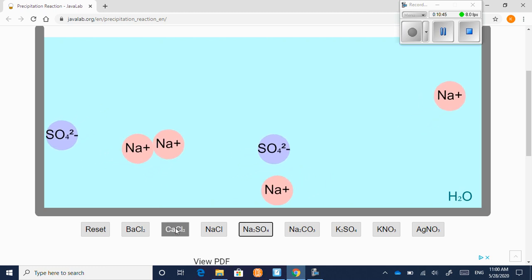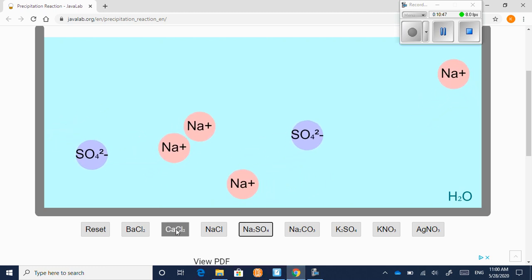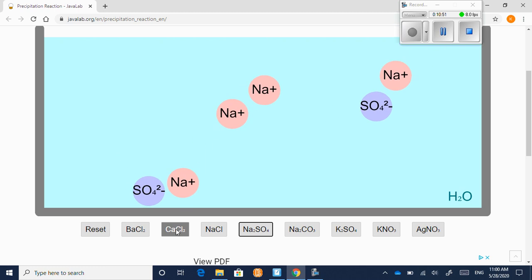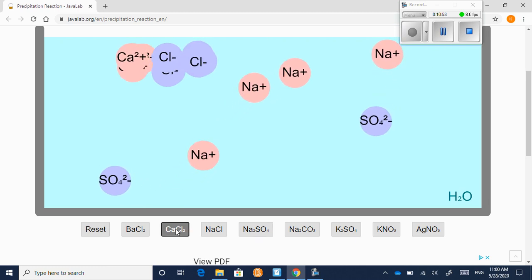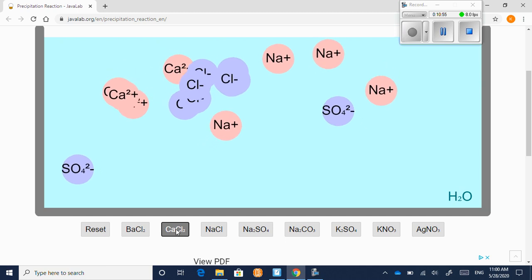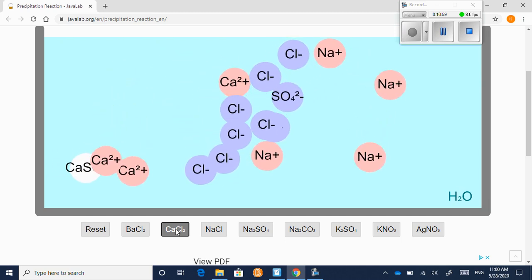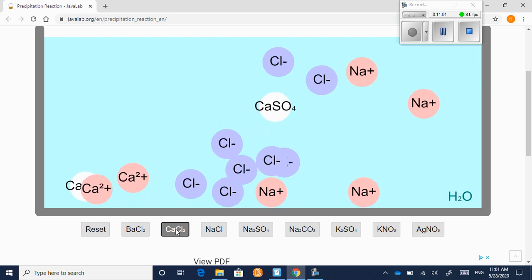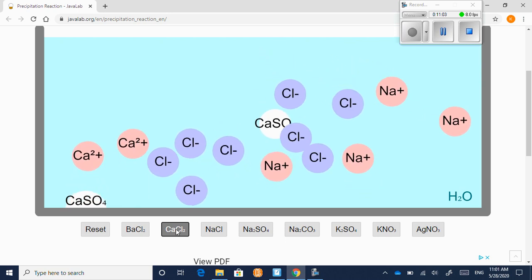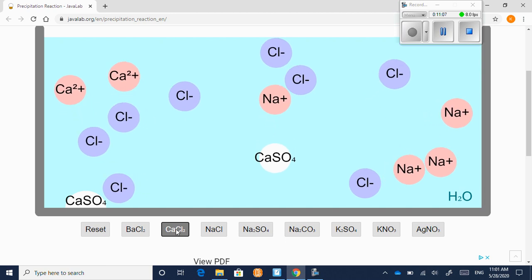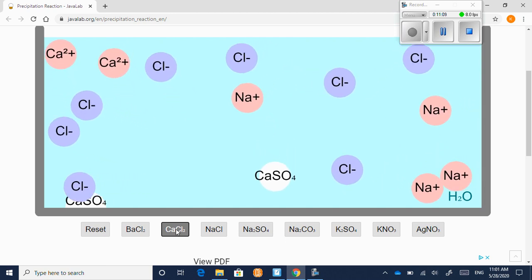And I'm going to add a bunch of them in, and you'll notice once I've added them, they're going to float around until the calciums and the sulfates collide. So there they are. They dissolve, they float around. Oh, look at that. As the calciums and the sulfates collide, they fall to the bottom as a solid, as a precipitate. Now, that's all the sulfates that were there.